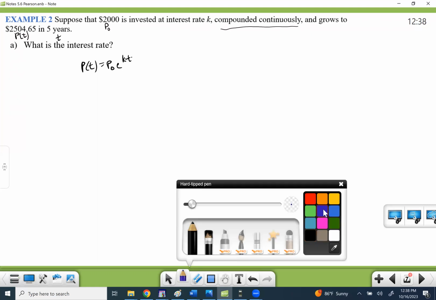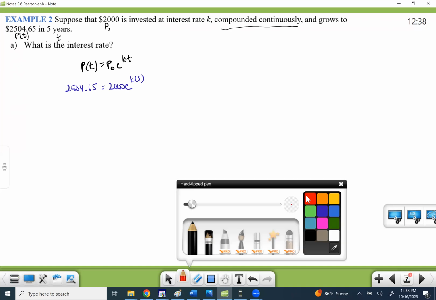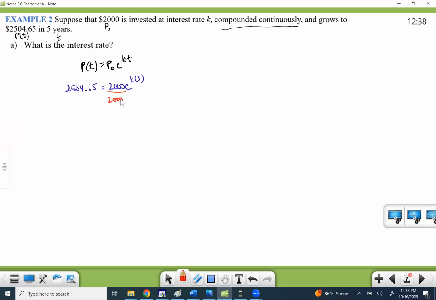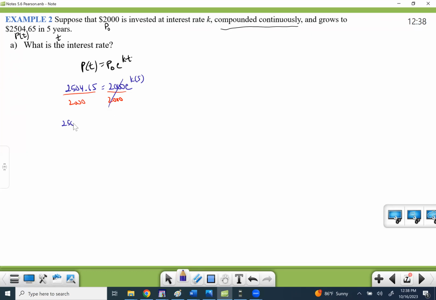Okay. So we're going to go ahead and substitute those in. Let's see what we get. We don't know K, but we do know the time is 5. Okay, so we have to solve this. So we're going to go ahead and isolate the exponential. So divide by 2,000 to both sides. And this I'm just going to write instead of K5 as 5K.